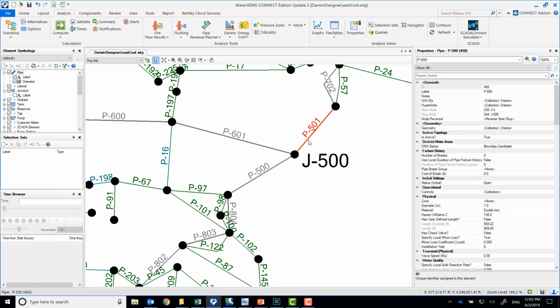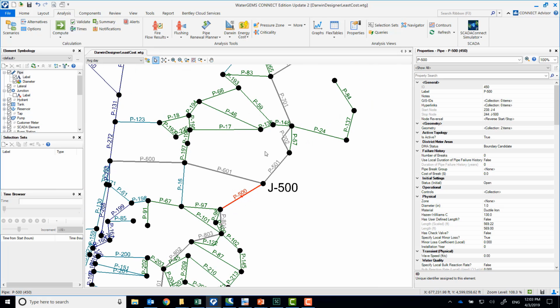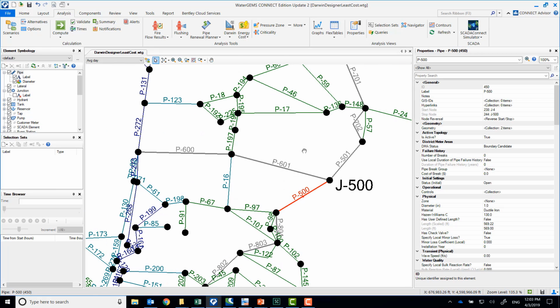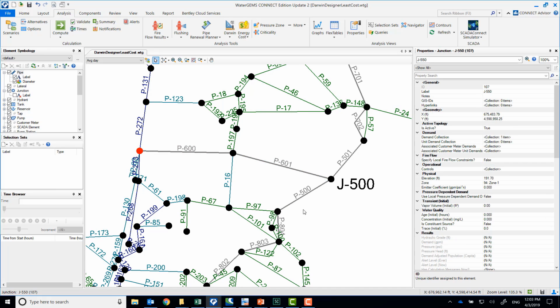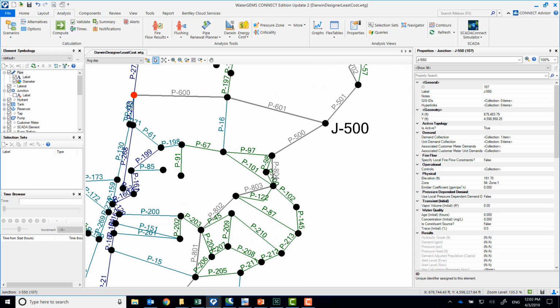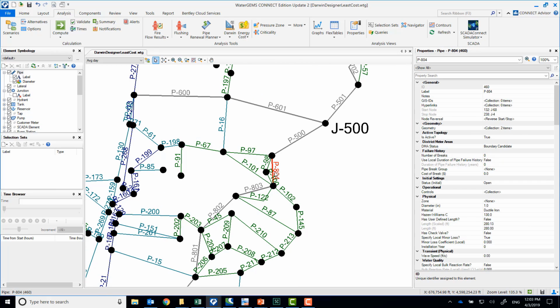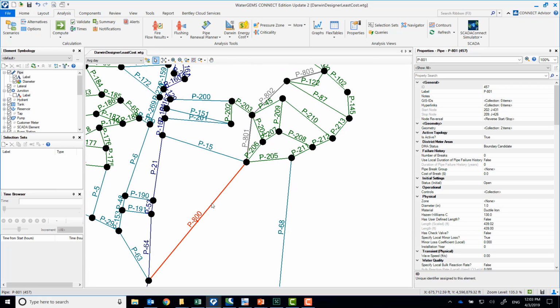So in addition to sizing these two pipes, we had to figure out where it was most convenient to connect, whether through pipes 600 and 601 to connect to this node, or go down here, pipe 800, 804, 803, 802, 801, and 800.